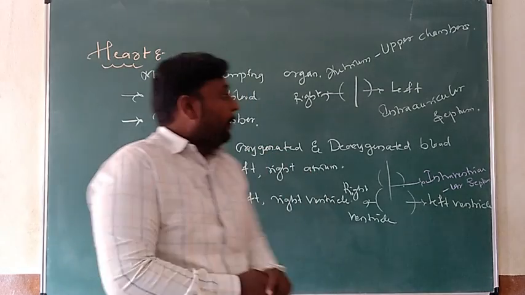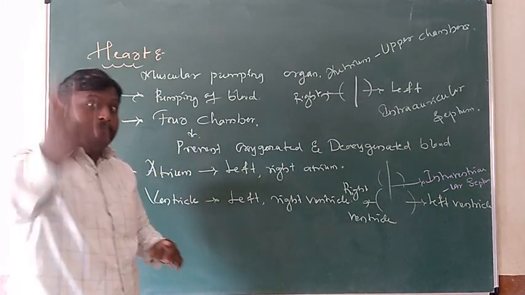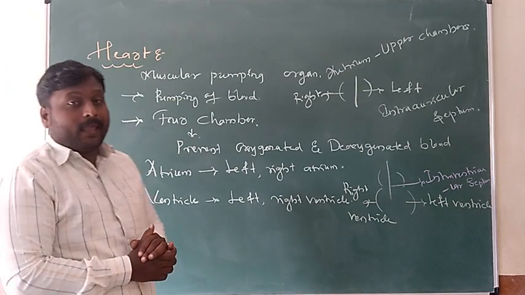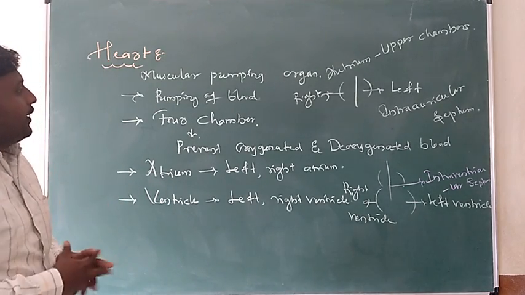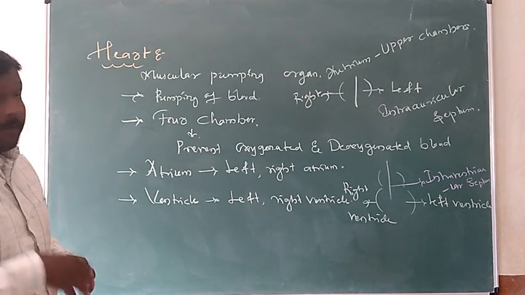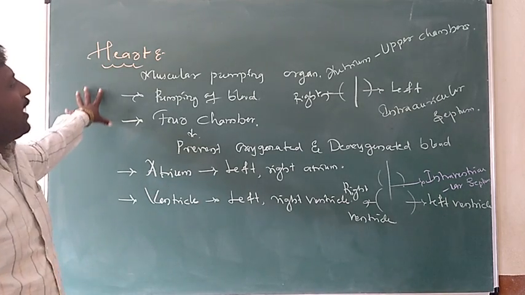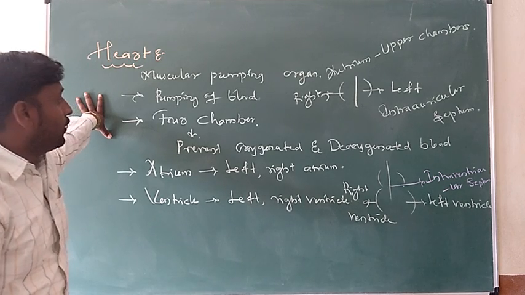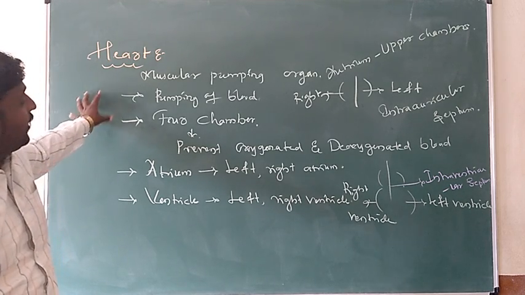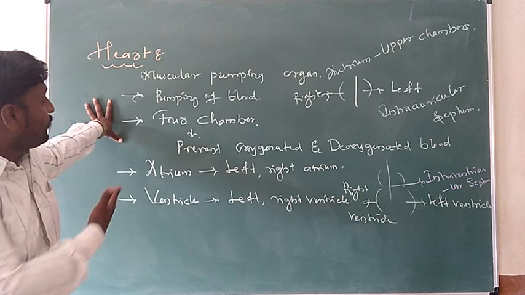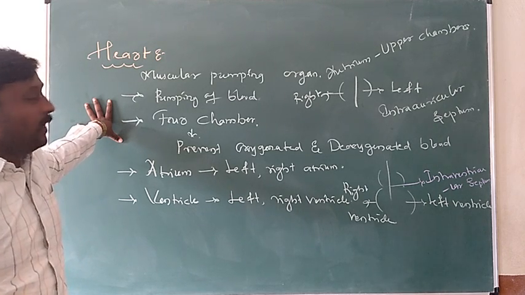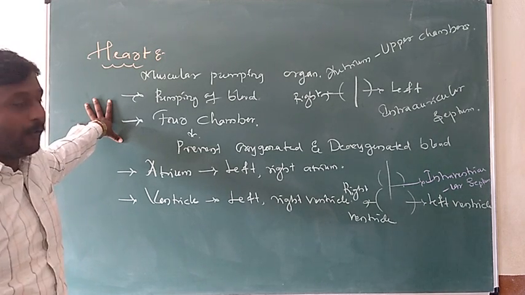Let us see the pumping action of the heart. Before discussing it, all of you remember once again what the heart is. First point, the heart is a muscular organ. Its function is pumping of blood to the entire body cells.